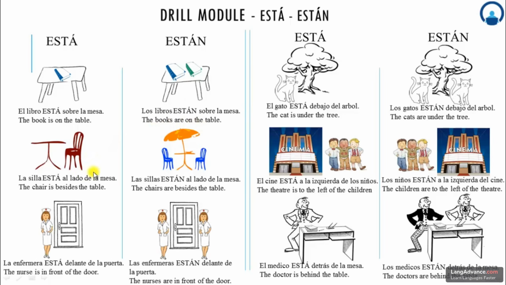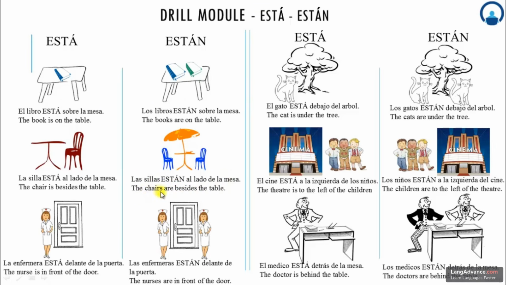Next example, la silla está al lado de la mesa. That means the chair is beside the table. Again, we'll change the singular into plural, where está will be converted into están and the singular objects will be plural. So here we have las sillas están al lado de la mesa.